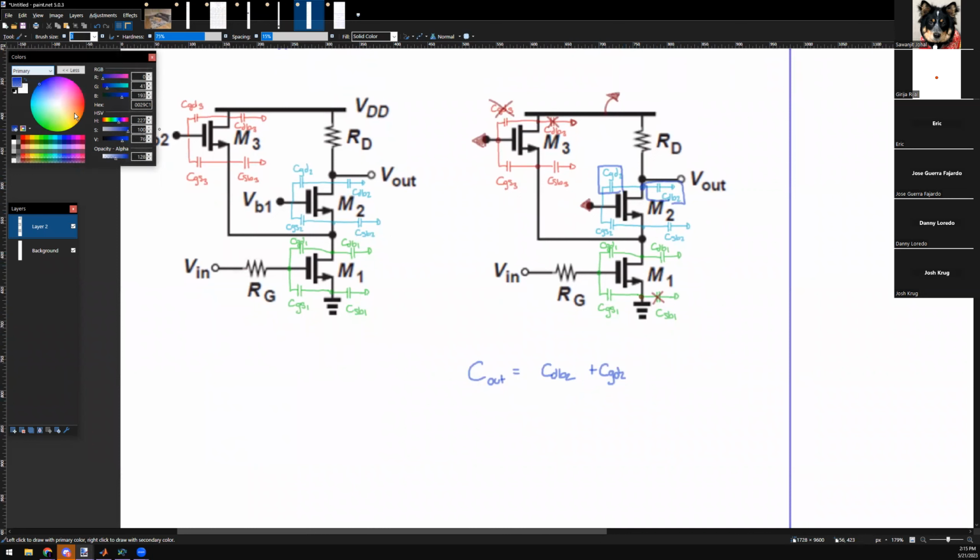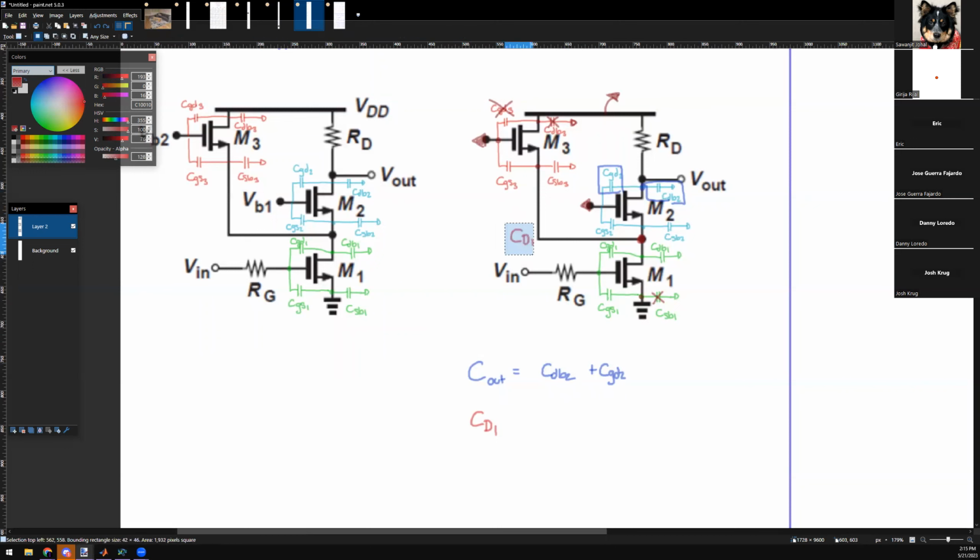Now I want to do a different capacitor. Let's call this guy the drain of M1, C drain of M1. Is that okay?